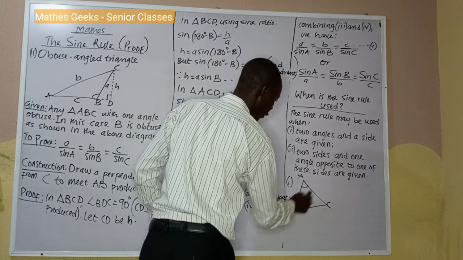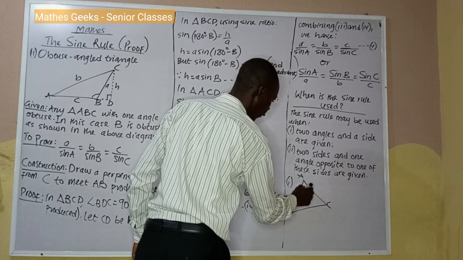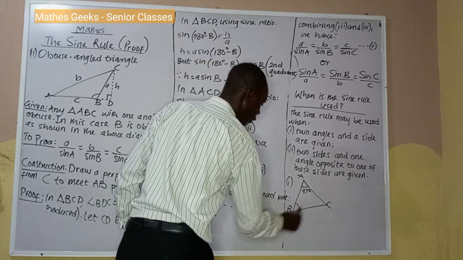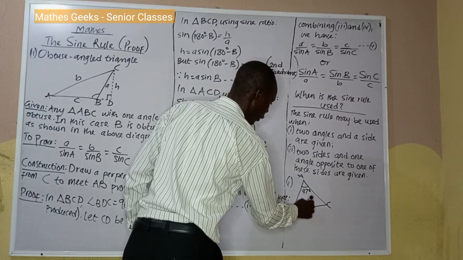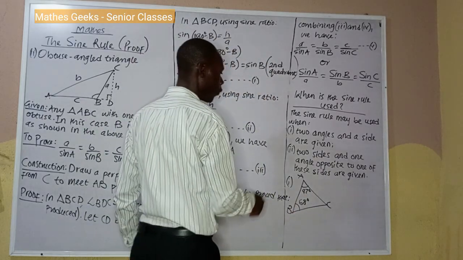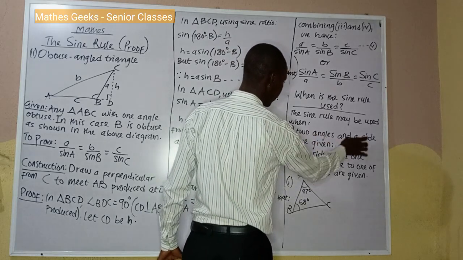So assuming we're given angle A to be 47 degrees, and we're given angle B to be 68 degrees, and one side. Two angles and a side are given.